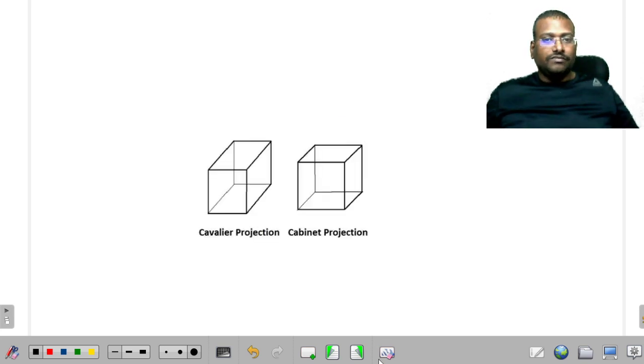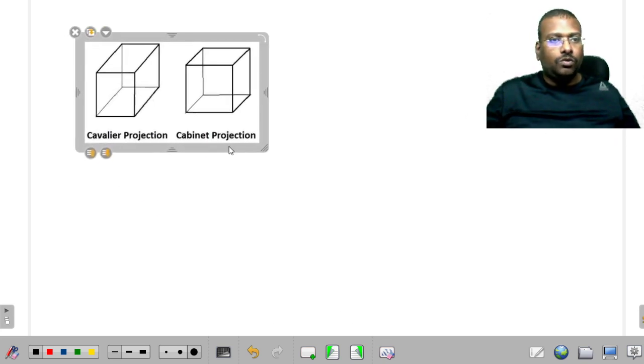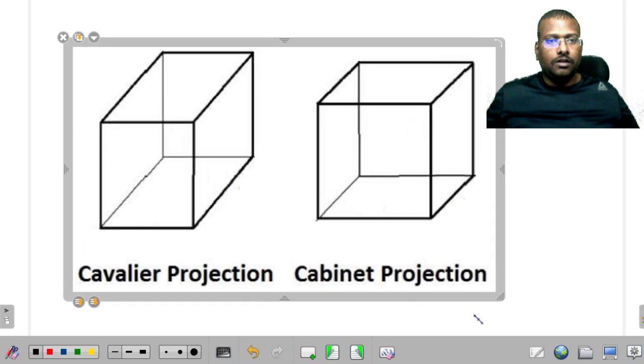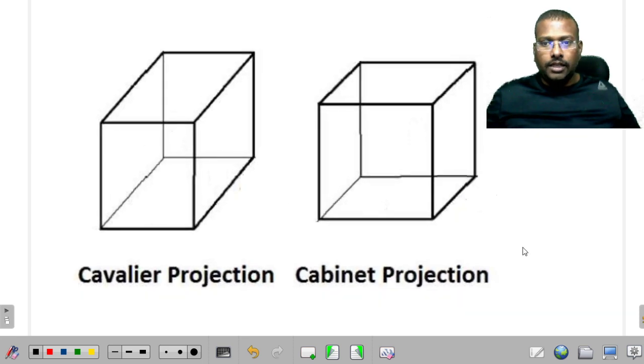What is it, sir? Here I mentioned two things, and unfortunately they gave different values: Cavalier projection and cabinet projection. What is the difference between these two?